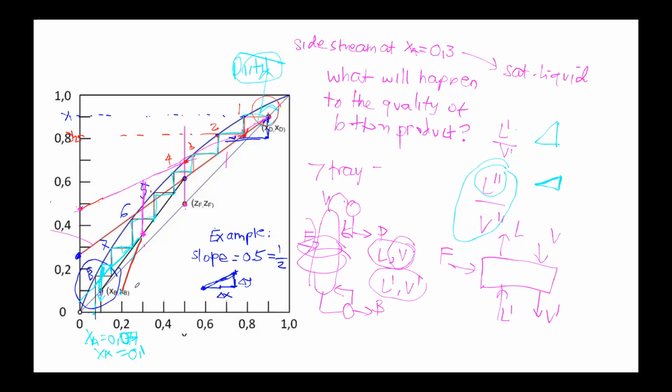Rather than making a new column to make 0.3 for the product, why don't we just take it out from the distillation column? So the quality of the bottom product doesn't really affect the product we want. It's going to affect the overall recovery if we calculate the mass balance, but this is actually not the product we want.